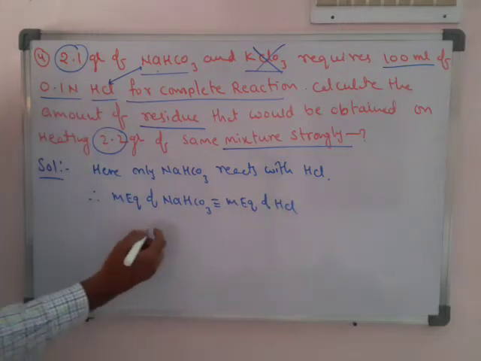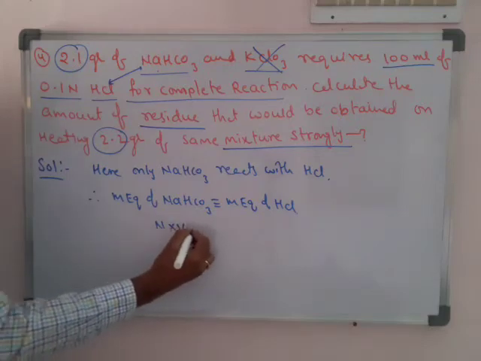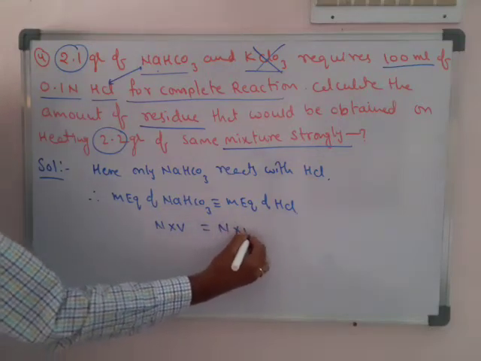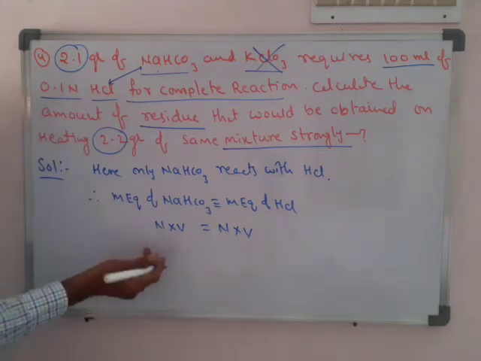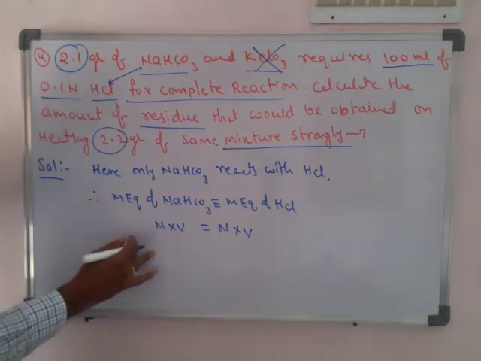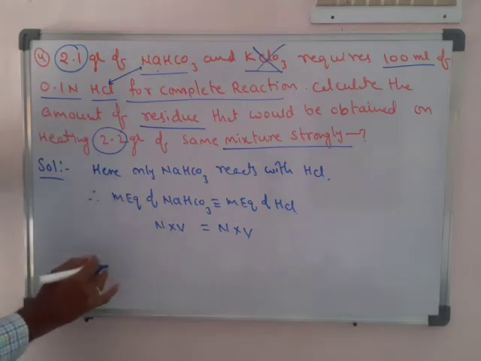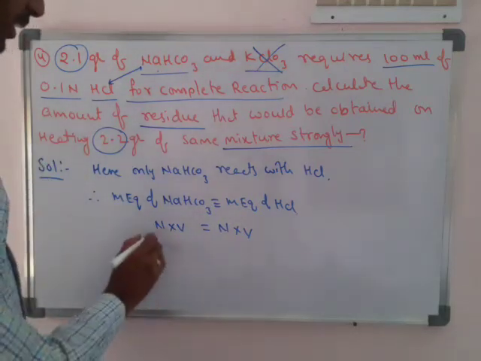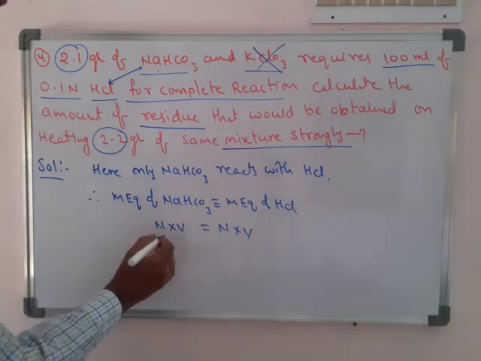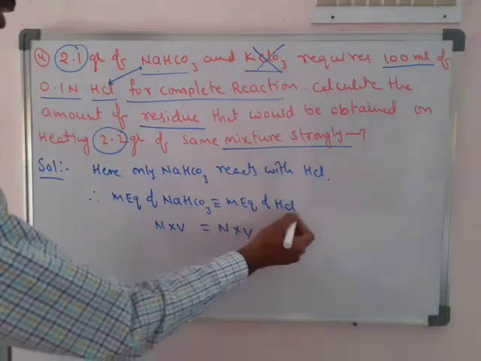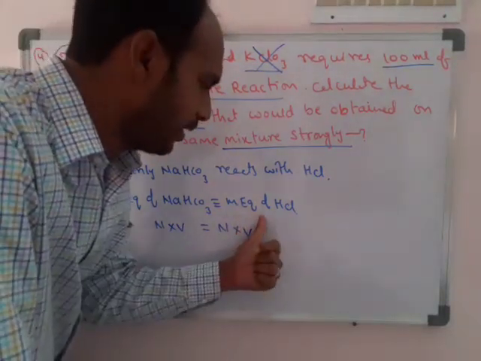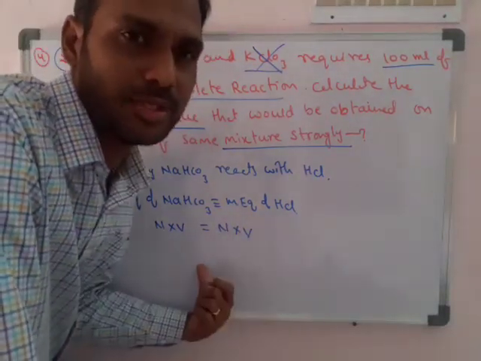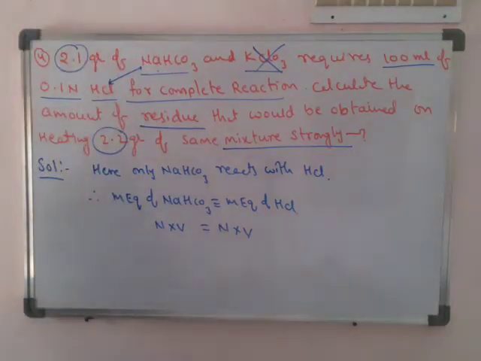Since it is a single compound, let's find it here. What is normality, weight? Weight is not given, so we are taking its weight. One more important thing here: normality into volume equals equivalent weight of HCl. Since it is a single compound, with the help of milli equivalence of HCl we can calculate this easily.